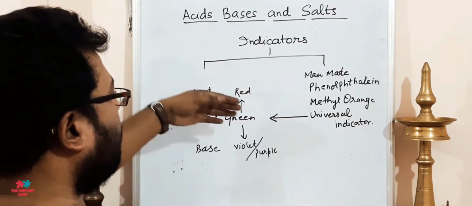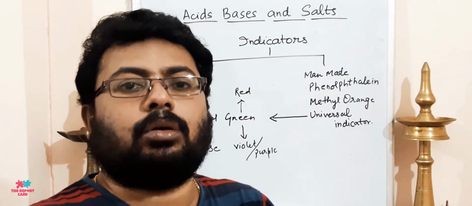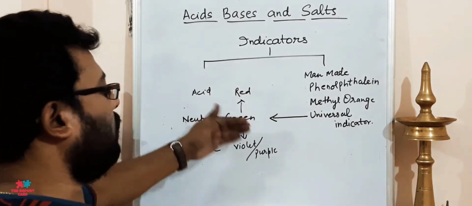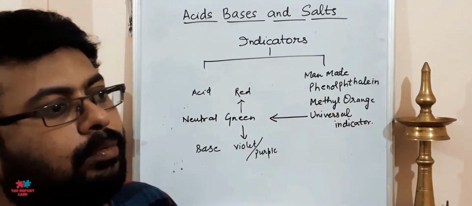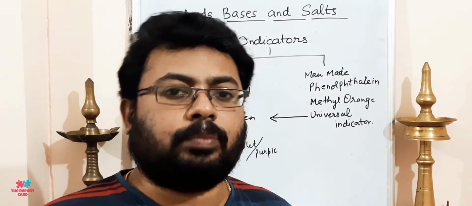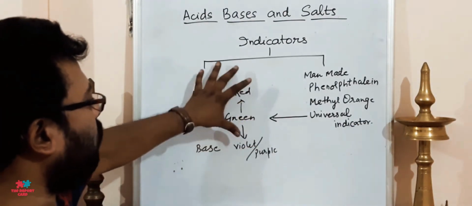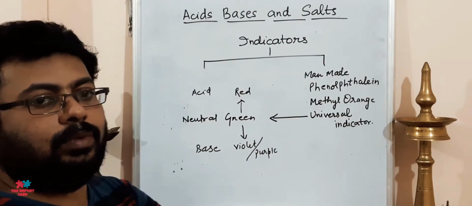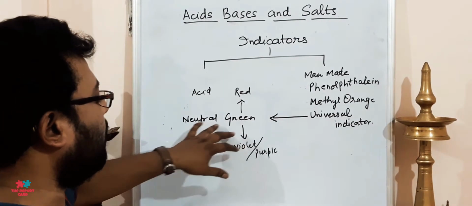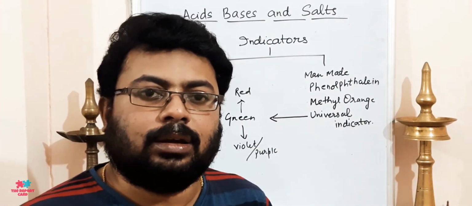For example, green to yellow, then to orange, then to deeper orange, and then ultimately to red. Similarly, green to various shades of blue, and ultimately to purple, right? So this way the universal indicator indicates whether something is acidic or basic, and the strength also. But it is green in neutral solution. Is it clear to everyone?